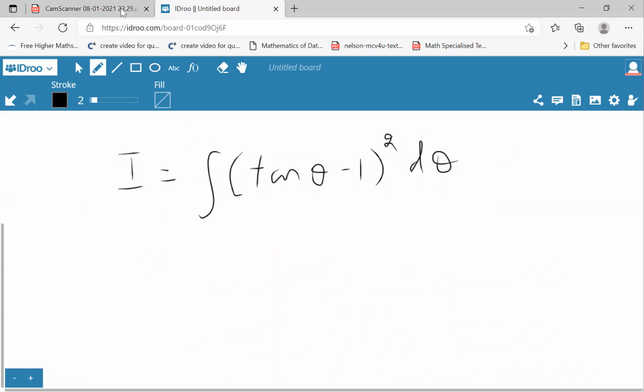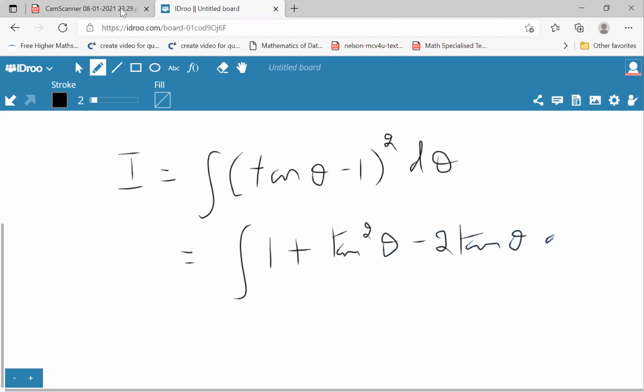Now I can expand this using the identity a minus b the whole squared. So that will give you 1 squared plus tan squared theta minus 2 tan theta d theta.